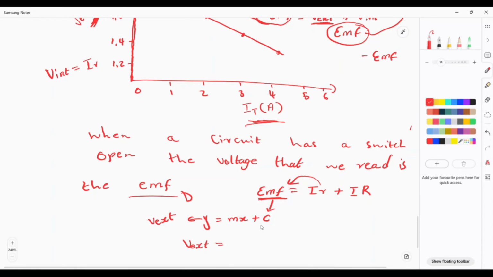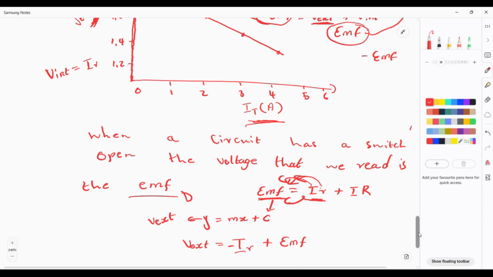So what am I going to do? I'm going to take this to the other side and it becomes negative, which means now I have I, R. Mathematically it must be negative when I take it to the other side, because here it's positive. When I transpose it, it becomes negative, plus the EMF over there.